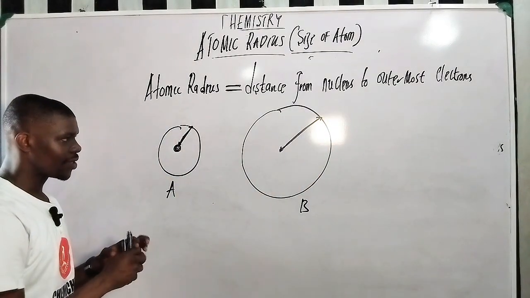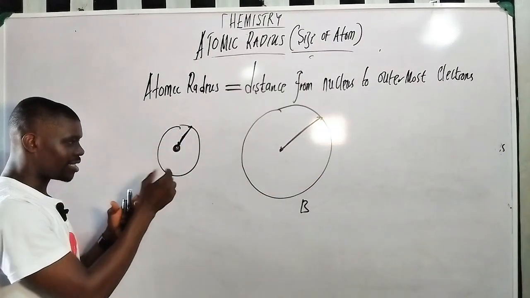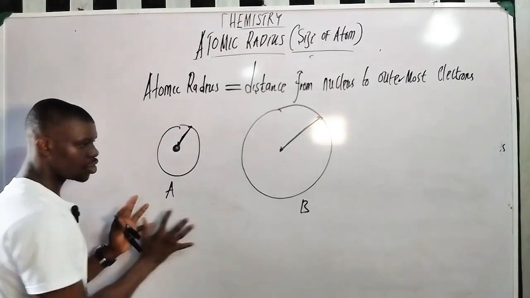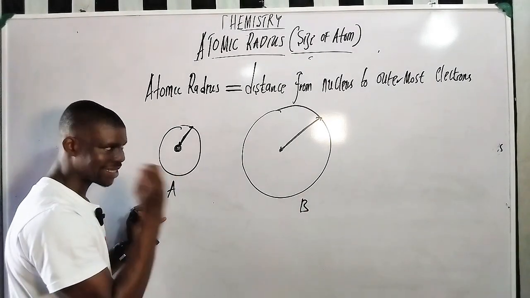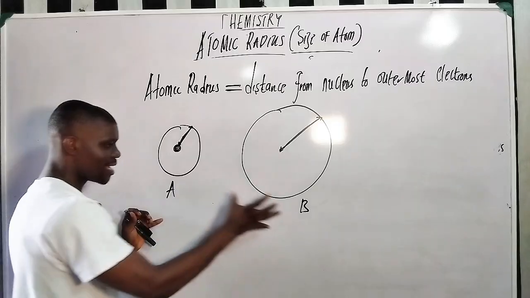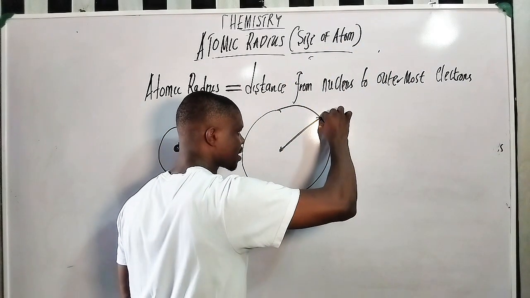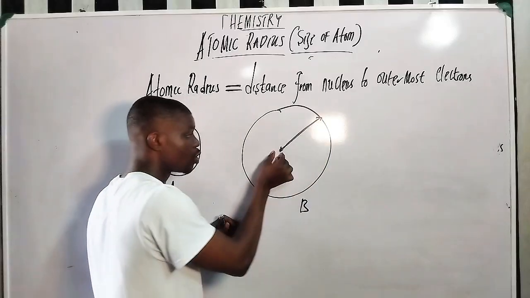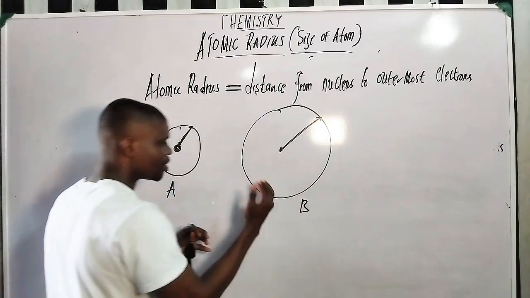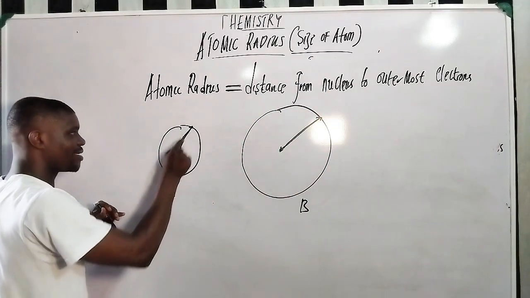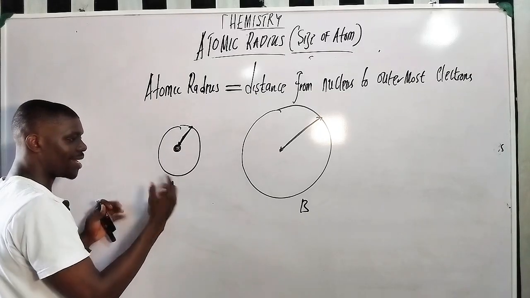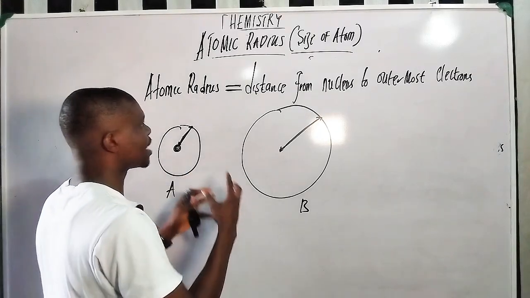As it gets smaller, the distance decreases. So there are two things you need to pay close attention to: size A, size B. This one is bigger the further it is. You can see that the shell is not close to the nucleus, that is why it's bigger. But here the shell is close to the nucleus, that is why it's smaller. That is why it's called the atomic size.